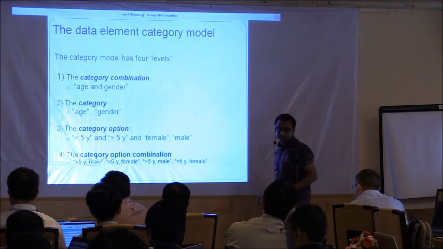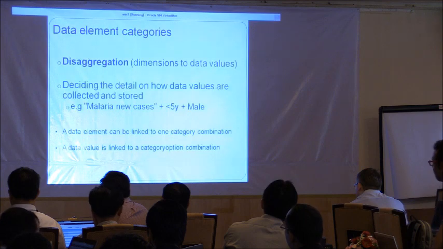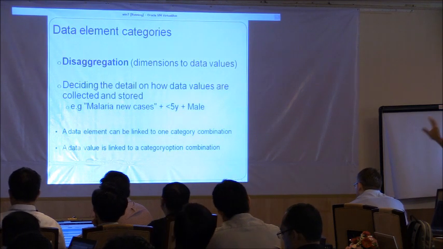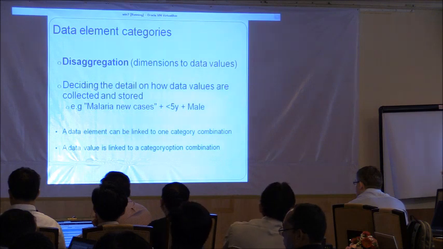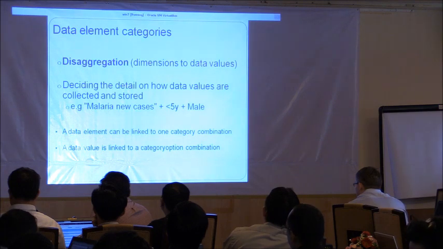For example, here you have malaria new cases under 5 male, you enter 10, and the rest of the values. If you just say malaria new cases, DHS will automatically give you the sum of all of those. That is disaggregation.